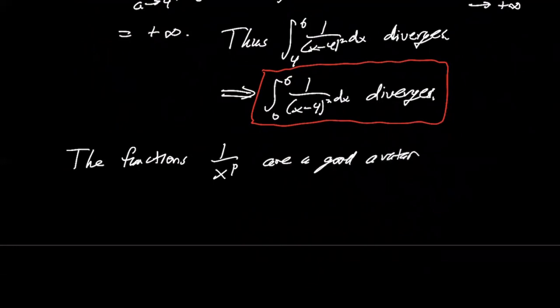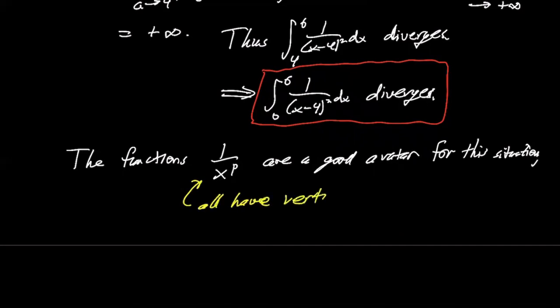Except now, instead of integrating to infinity, you actually want to integrate from like 0 to 1, say. Because these are functions that have vertical asymptotes, they all have a vertical asymptote at x equals 0, right? So I'm not looking at the behavior as x goes to infinity. I'm looking at the behavior as x goes to 0.